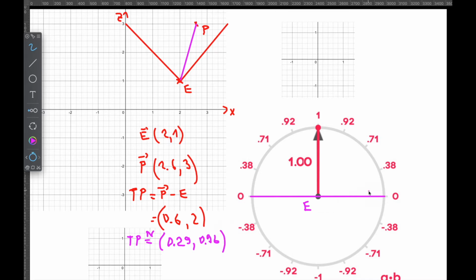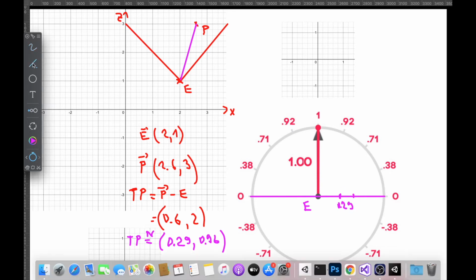I can mark these positions now on my unit circle here. So X is 0.29. So here is, let's say, 0.5 and 0.29. Hard to say, guys. I would say somewhere here. Half of this should be 0.25, so a little bit larger, maybe here. So this is 0.29, let's say, and I will mark it here.